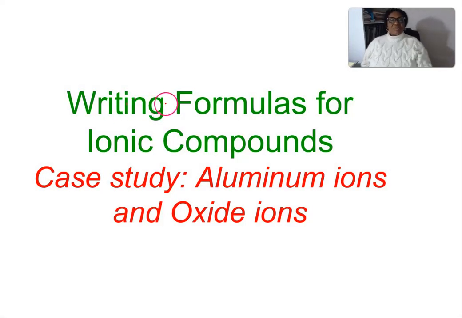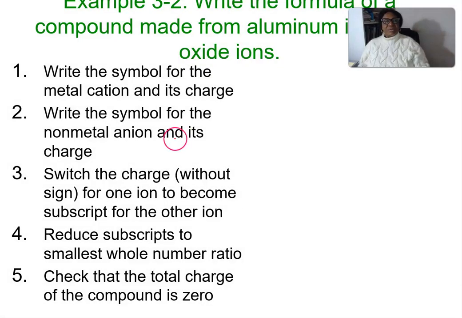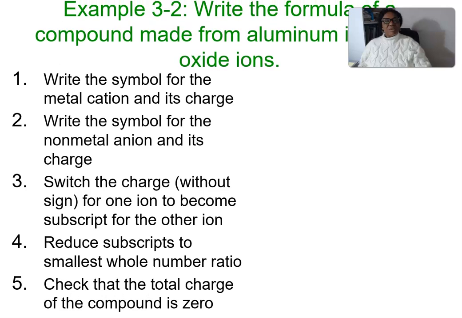So I want to see how we can write formulas of ionic compounds. We'll take the aluminum ion and the oxide ion as examples to write the formula of ionic compounds.